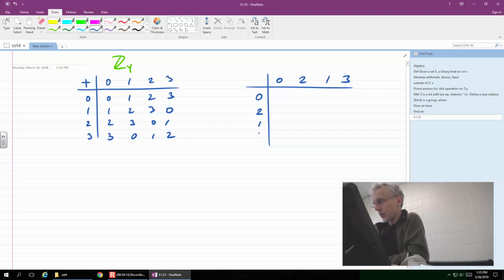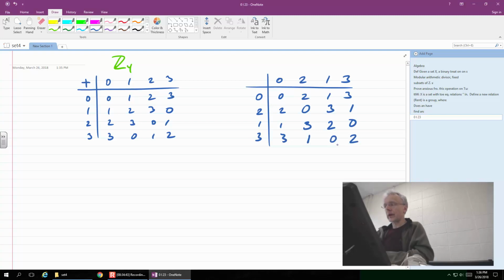It's the same algebra. 2 plus 2 is 0; 2 plus 1 is 3, and 2 plus 3 is 1. 1 plus 2 is 3, 1 plus 1 is 2. 3 plus 2 is 1. Once again, every number appears once in every row and once in every column.